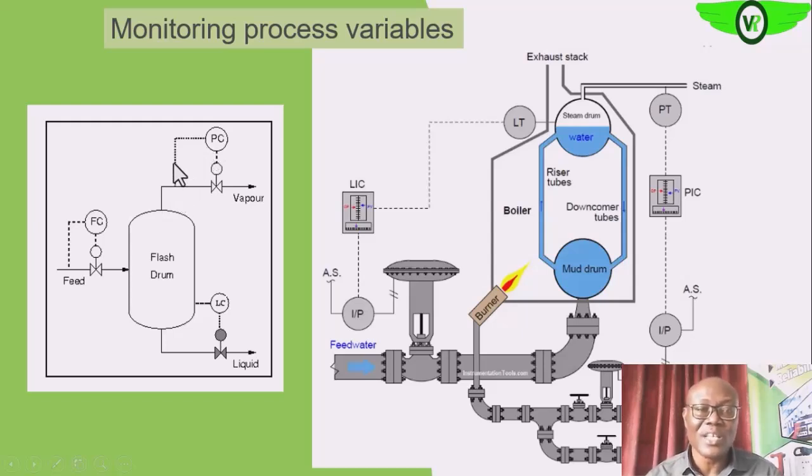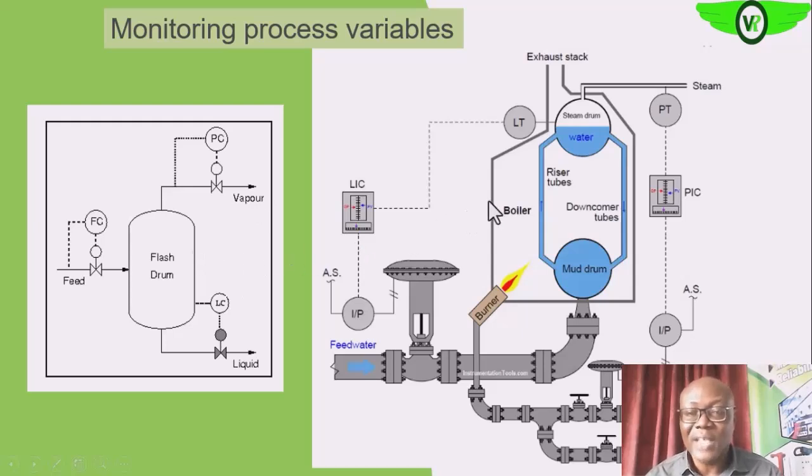There is a sensor here that sends signals to the controller, to the final control element. So when the pressure rises to a level, it opens up, and then the vapor is taken out of the vessel, so as to maintain a balance that will allow our flow rate to be maximized or optimized, such that we have the maximum flashing out of the liquid that is sent into the vessel.